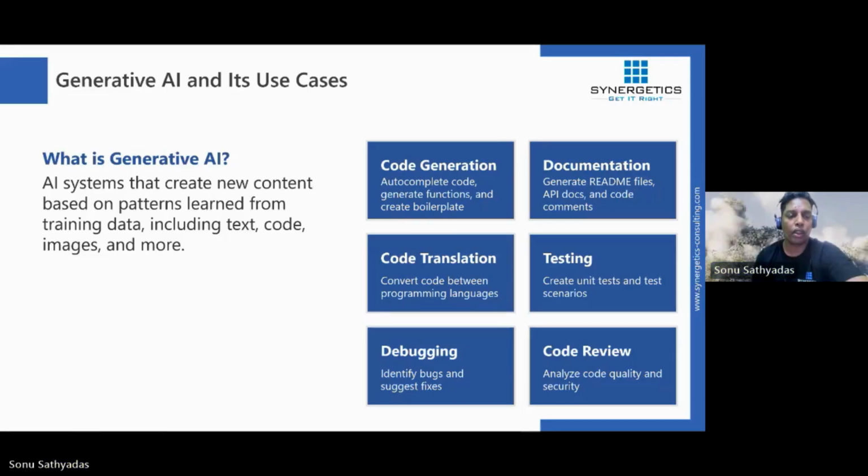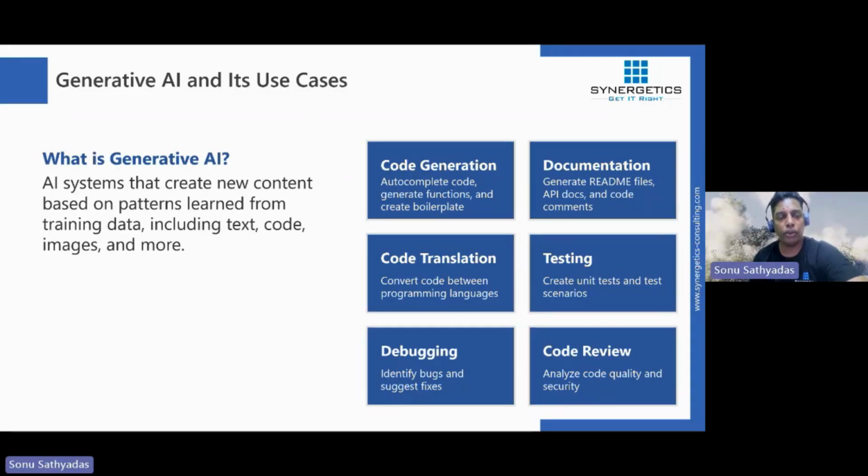Or it can be images. You can describe what kind of image you want, what should be the color, what should be the image style, whether it is a realistic image or a cartoon image or a vivid style, or you can even create videos using generative AI. So generative AI models are now mostly used to build content like text, code, images, videos, and more.